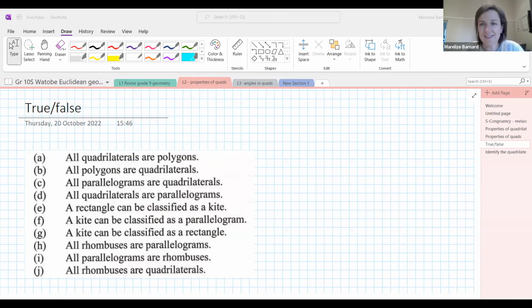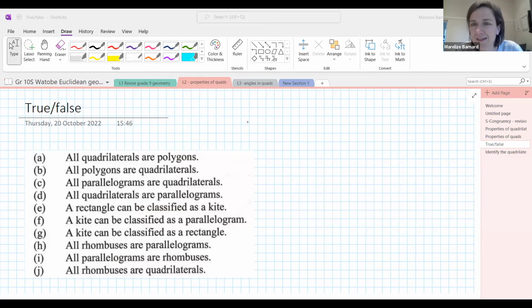Okay, right. So let's hear. All quadrilaterals are polygons, true or false? Pop it in the chat. Yes, Nokwanda. Do you have a question or do you want to answer? You're welcome to answer. Unmute and answer.